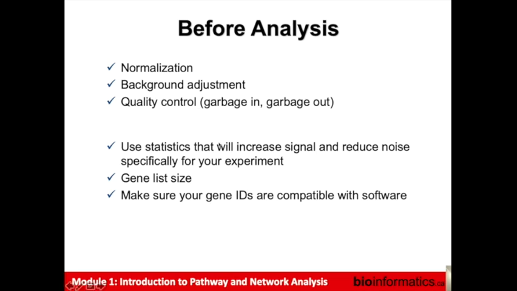Any kind of statistics that will increase signal and reduce noise is important. We need to consider how many genes result from this. We don't want to generate a single list filled with the entire genome. It needs to be more specific. And we also need to make sure that the gene identifiers are compatible with the software that we're using, and we'll talk about that more later.